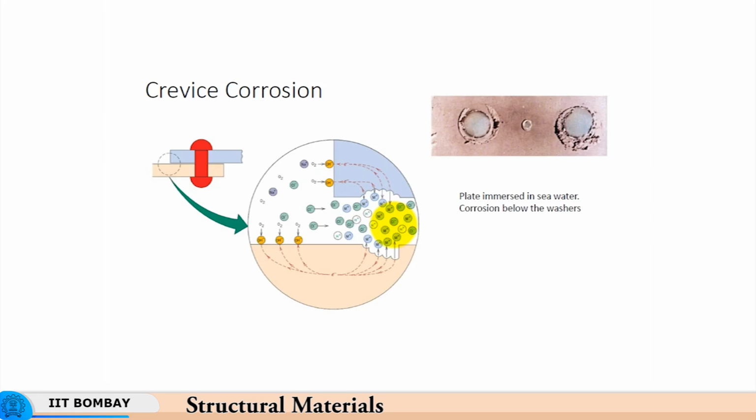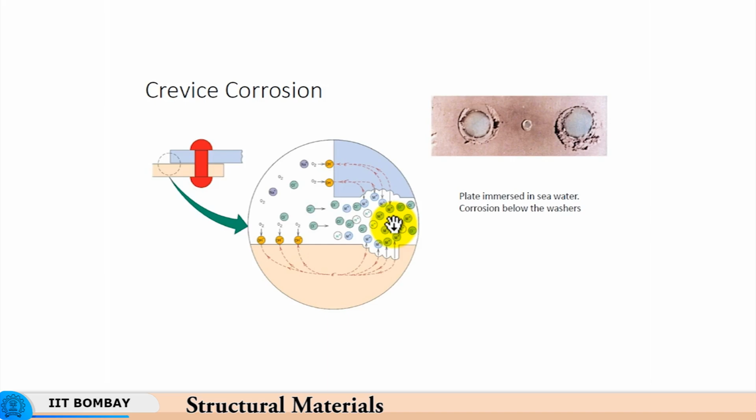We have seen that the presence of hydrogen gets reduced to H plus. Now, here the situation is slightly different. Here you have sodium chloride, where you have sodium ions, chlorine ions, H2 and OH, H plus and OH ions.